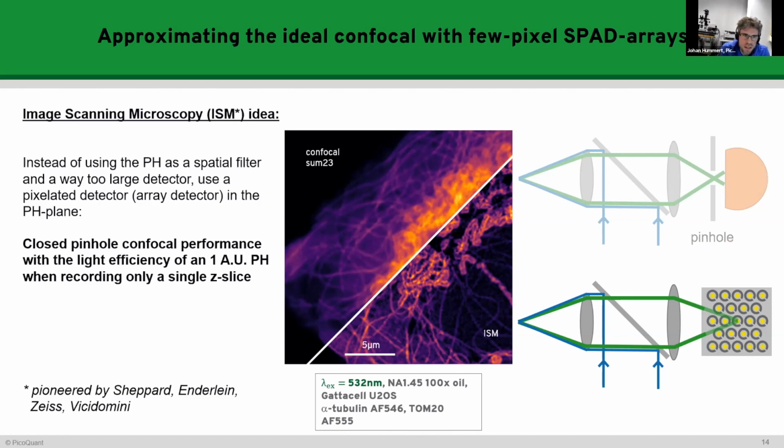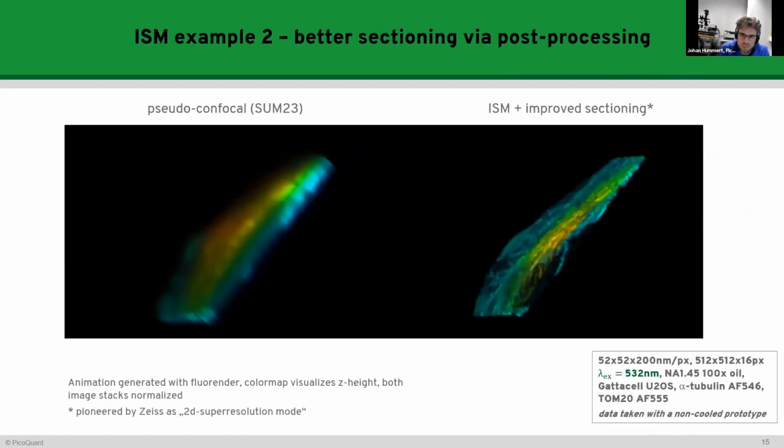So the bottom line is basically that image scanning microscopy, this idea pioneered by Sheppard and many others, allows us to use basically the confocal with the closed pinhole performance, but collecting all the light that would fall into our 1 airy unit pinhole.